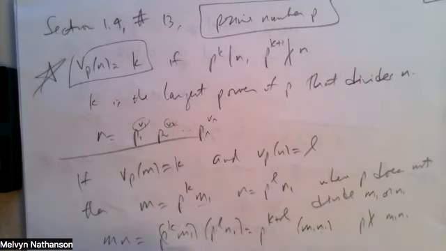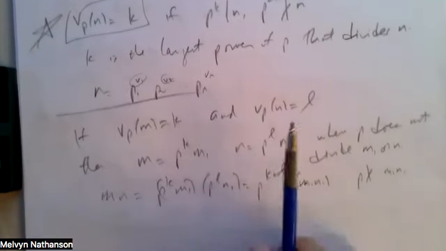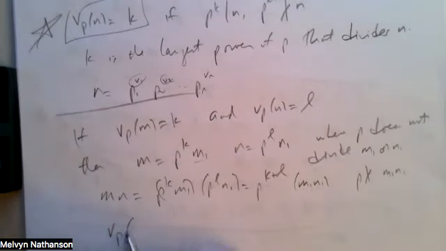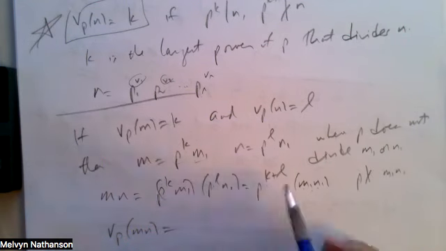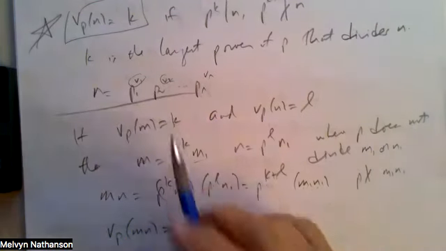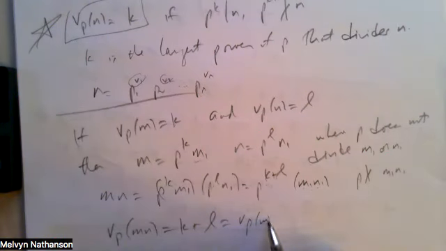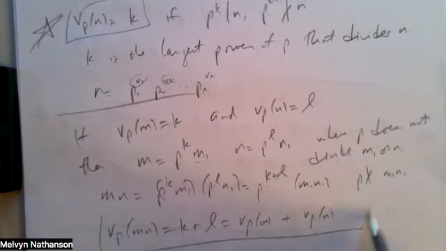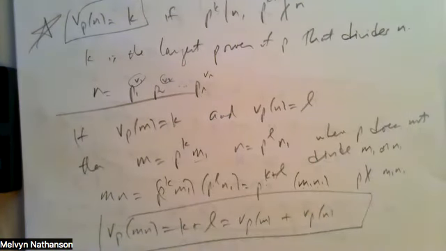So the highest power of p that divides mn is k plus L. So Vp of mn is k plus L, where k is Vp of m, and L is Vp of n. Okay. That's what you were asked to prove.